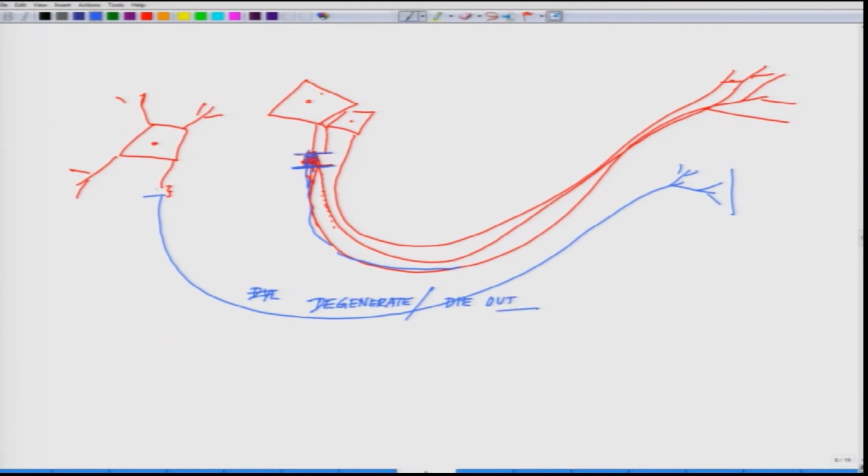So, the sooner we could make such a repair, or allow this neuron to extend this process further as a repair and really set the target.